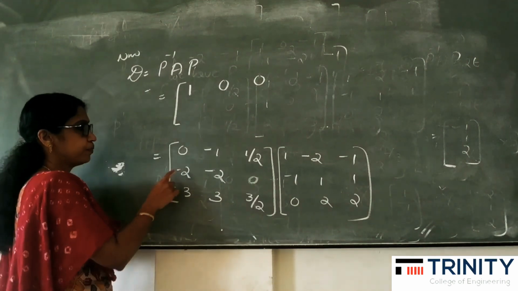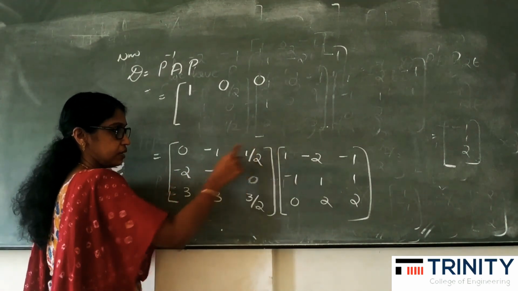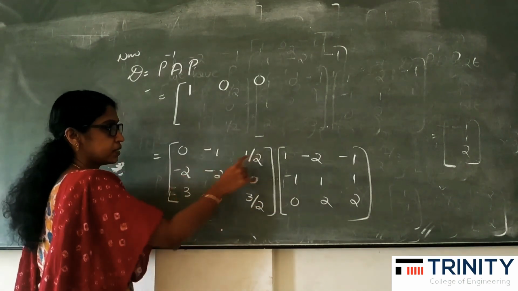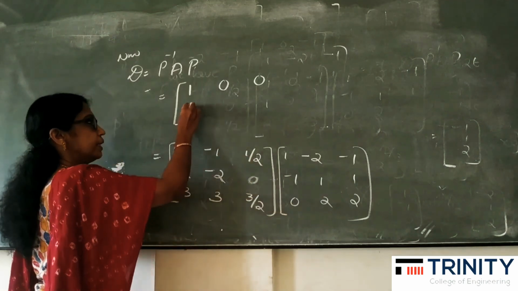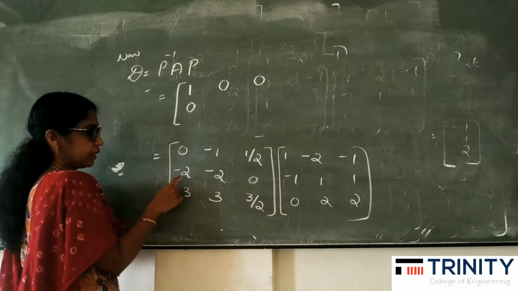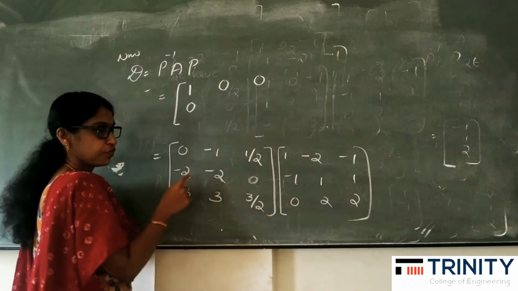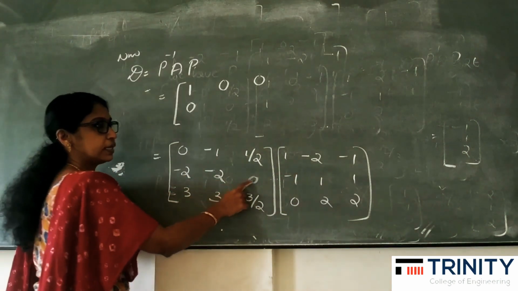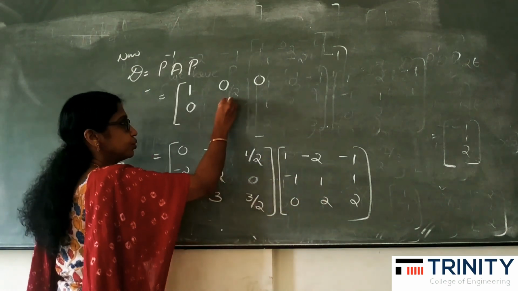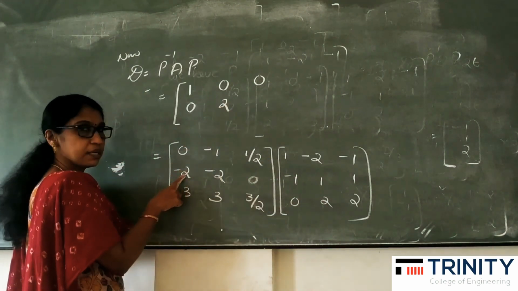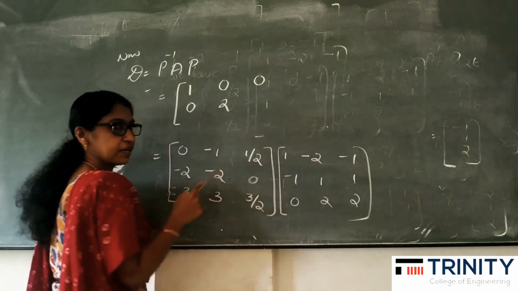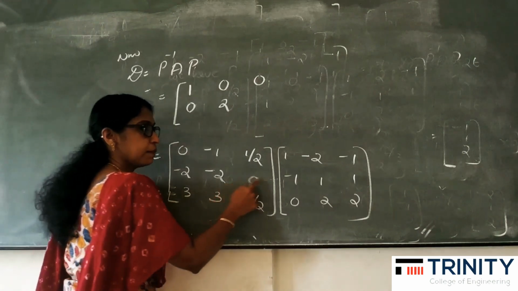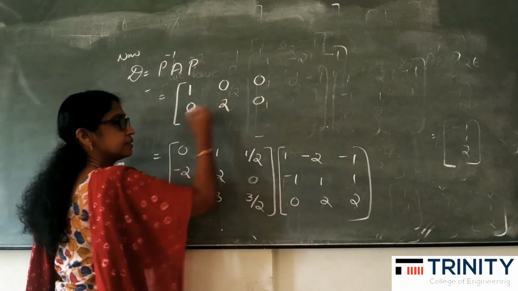Now the next row: minus 2 into 1, minus 2 into minus 1 plus 2, minus 2 plus 2 plus 0, that is again 0. The next element is minus 2 into minus 2 is 4, 4 minus 2 is 2, here 0, so 2. Now the next element, minus 2 into minus 1 is 2, 2 minus 2 is 0 plus 0, that is 0.